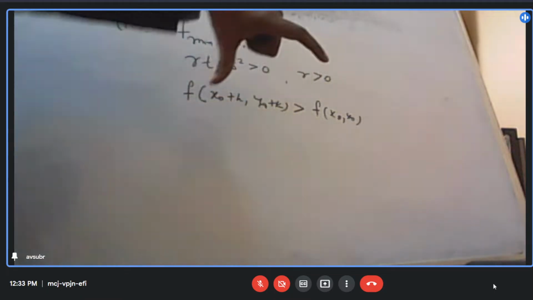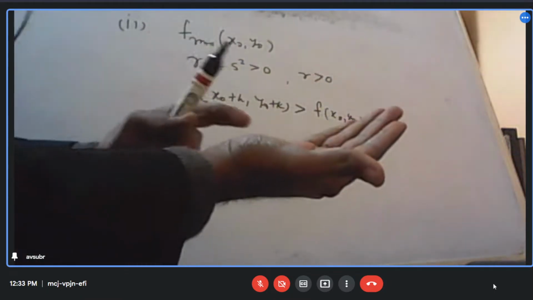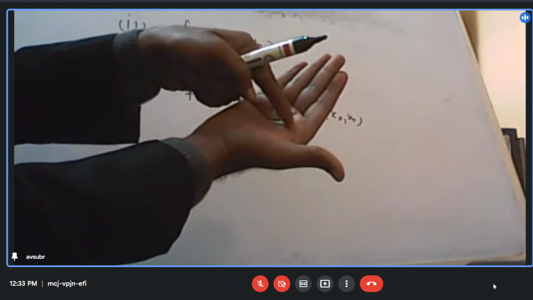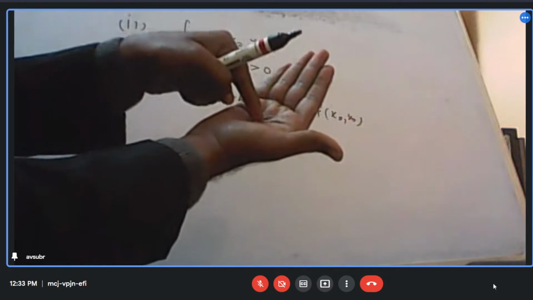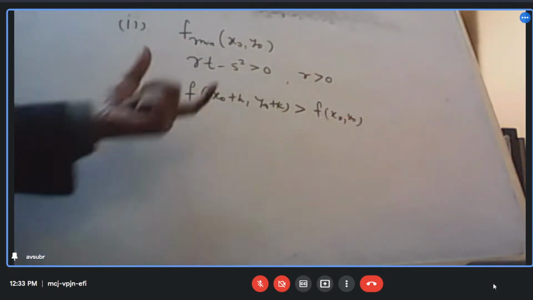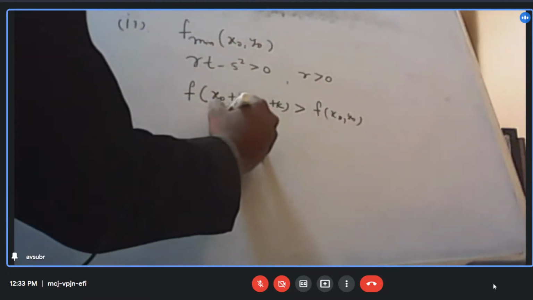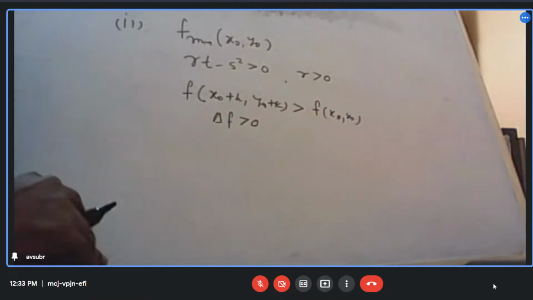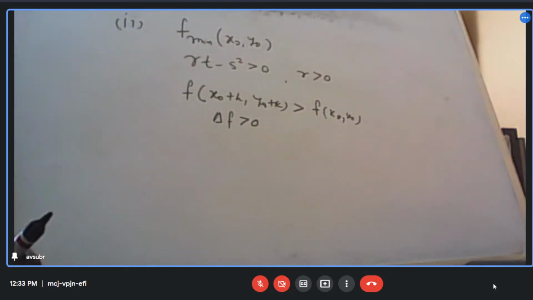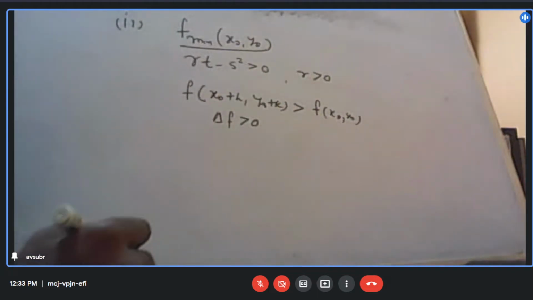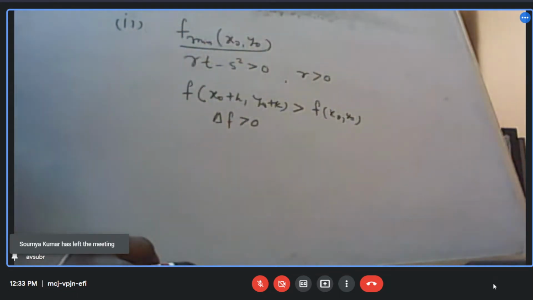So the points surrounding this point, the neighboring points, are having higher values than this point. Therefore, delta f will be positive, and therefore this function value will be minimum at a given point.